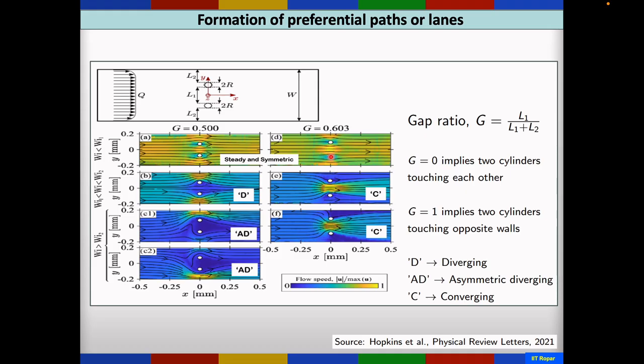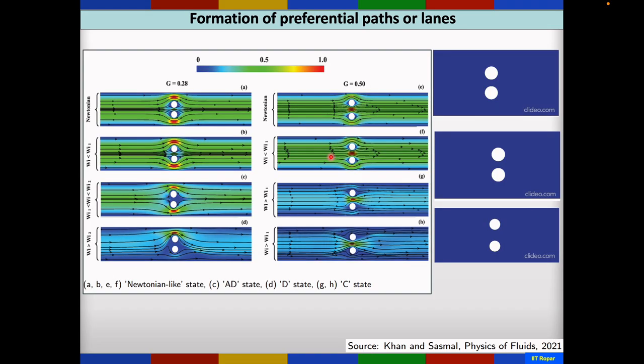Okay, so then we also performed numerical simulations with almost the same setup that Professor Emerson's group used in their experiments, and we have also seen the same kind of formation of the diverging state for this gap ratio, and then the asymmetric diverging state for this gap ratio as we keep increasing the Weissenberg number.